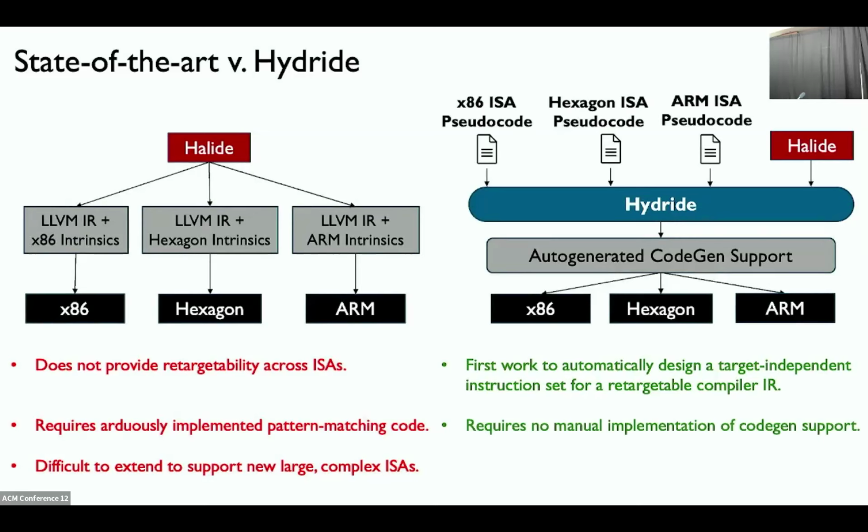It uses program synthesis and eliminates the need to implement pattern matching code, and also at the same time achieves comparable performance relative to the state of the art. And it minimizes the effort required to extend for new, large, complex ISAs.